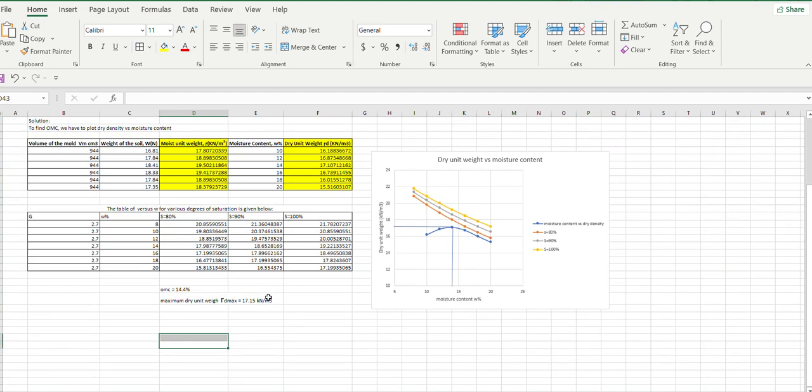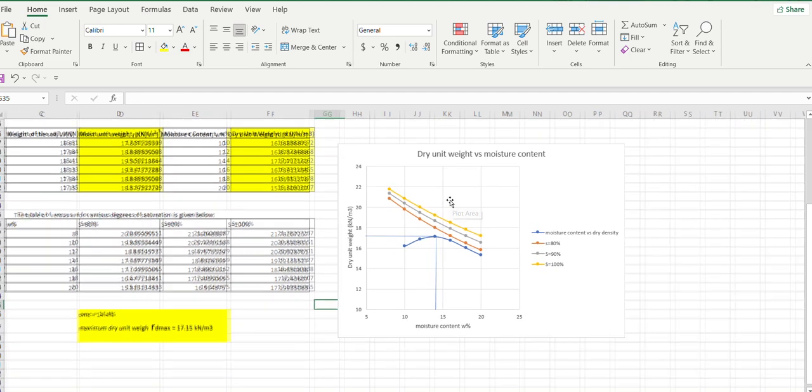And this is our answer, and this is our graph.